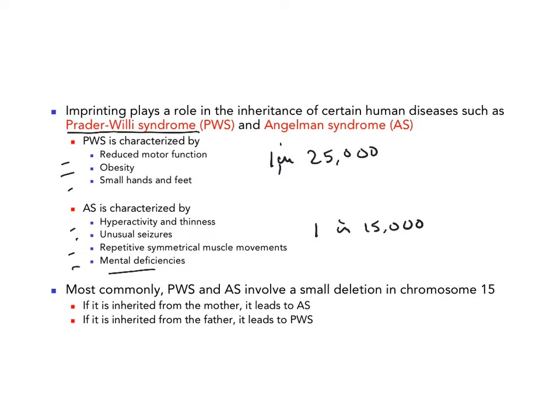Now, typically PWS and AS involve a small deletion in chromosome 15. So if you inherit the chromosome 15 that has this deletion from the mother, you typically develop AS. If you inherit this chromosome 15 with a small deletion from the father, you develop PWS.